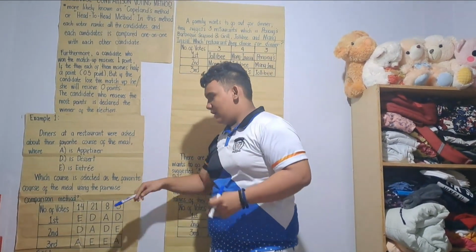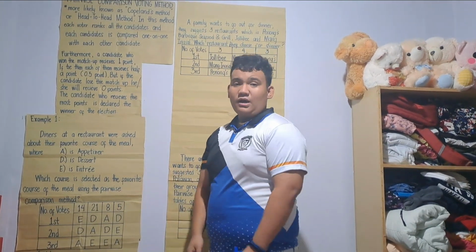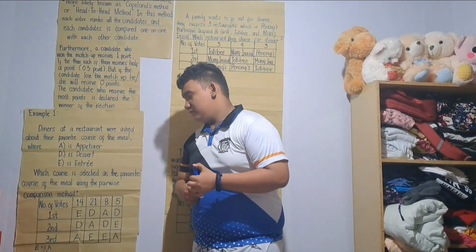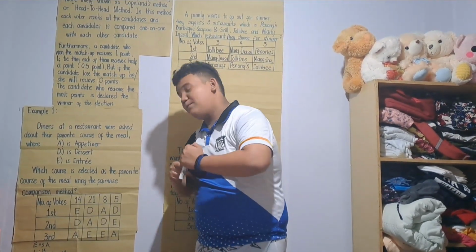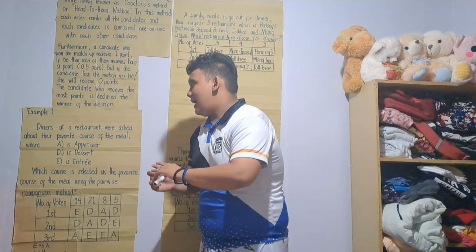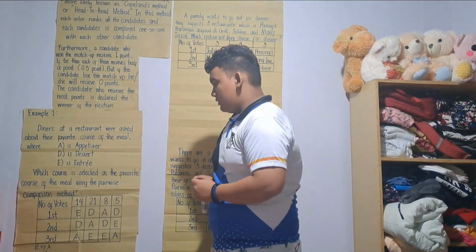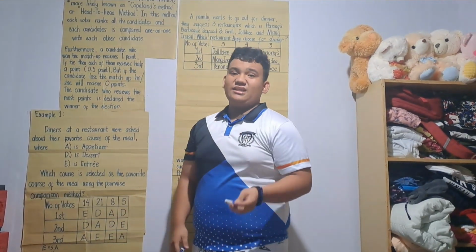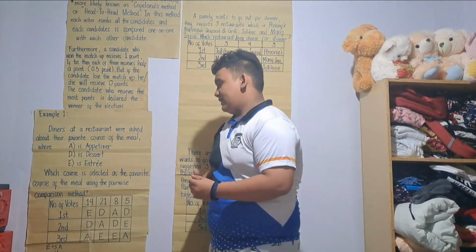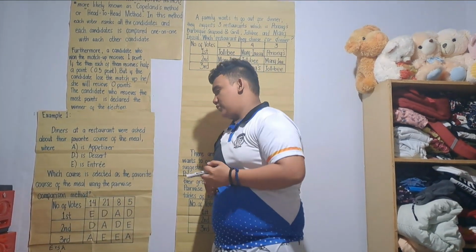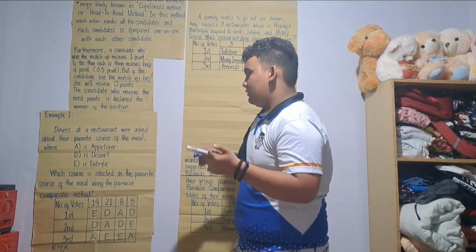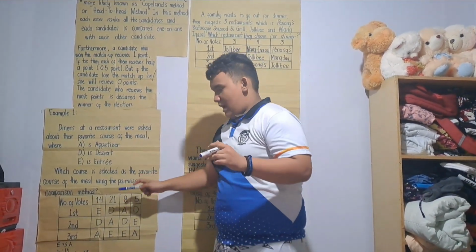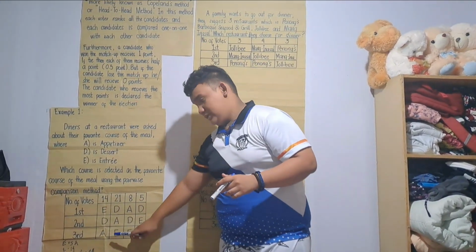Here is the table below. There are four columns. The first column has 14 voters who prefer entree as the favorite course of the meal, second is dessert, third is appetizer. In the second column, there are 21 voters who prefer dessert, then appetizer and entree.